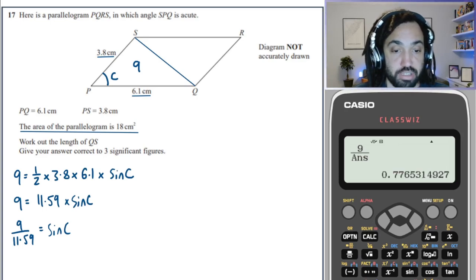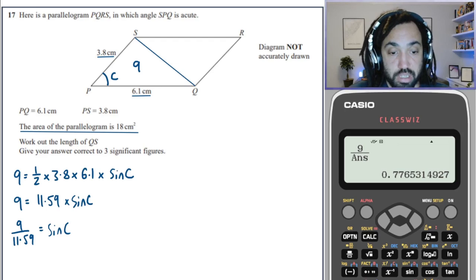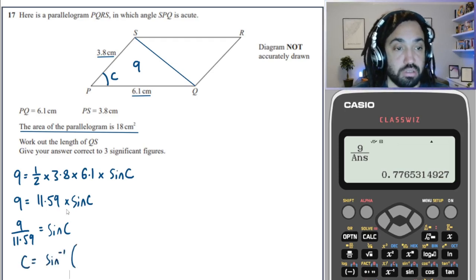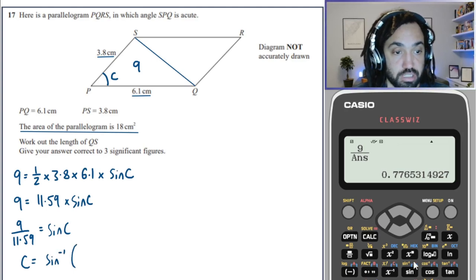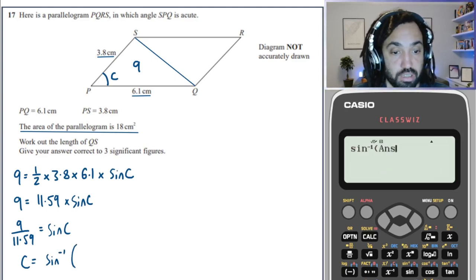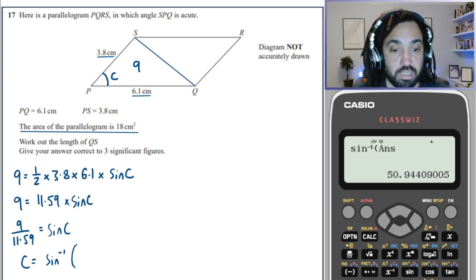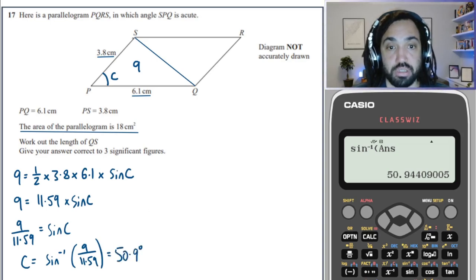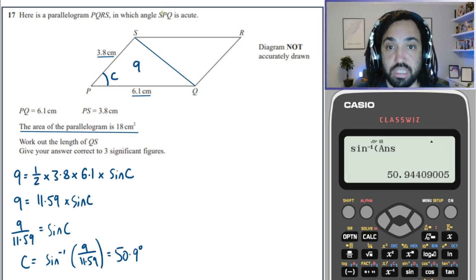To find C, we'll need to do sine to the minus 1 of this answer, and that gives us a value of 50.9.